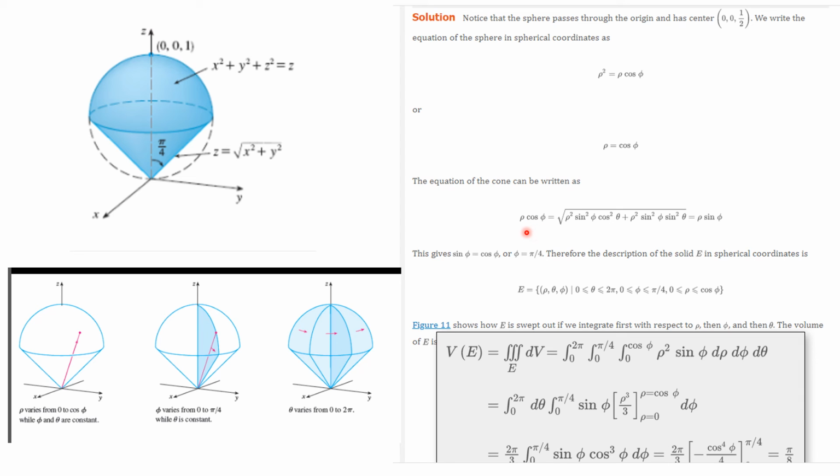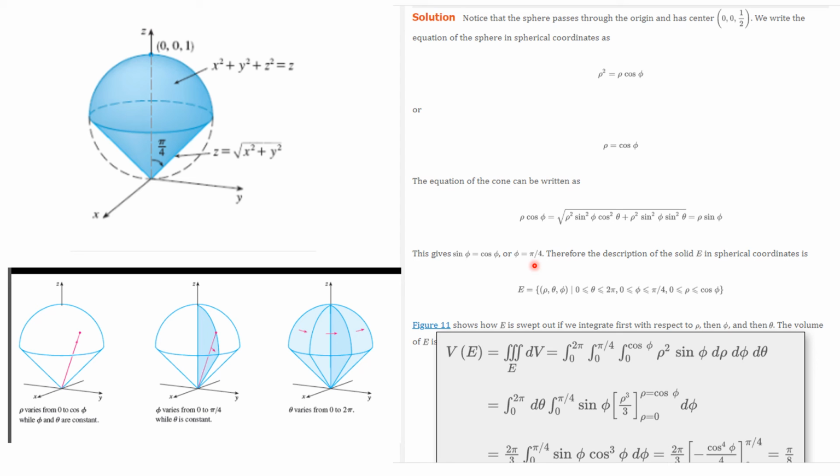If we just look at this, we have rho cosine phi equals rho sine phi. That means the only time those two are equal in the domain of phi is for phi equal to pi over 4.